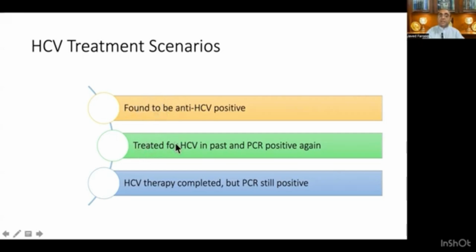The second category is those who were treated for hepatitis C in the past, and they didn't know what the response was, or they had responded, but the PCR is again positive. So the second group is either non-responders or relapsers or reinfection. And the third scenario is the one where the treatment is completed but the patient has not responded, PCR is still positive.